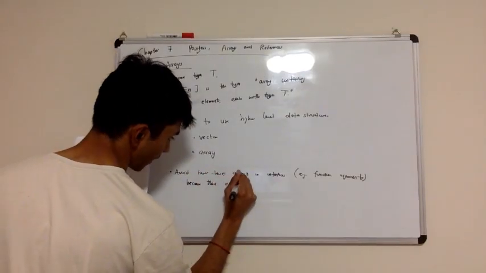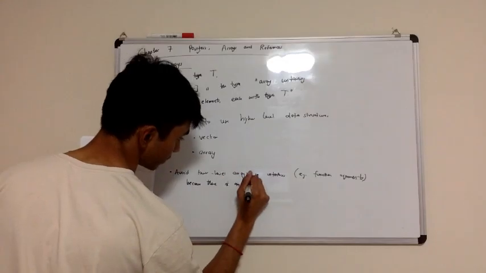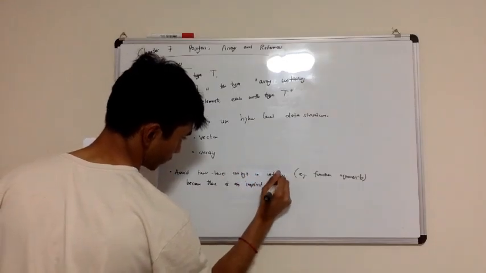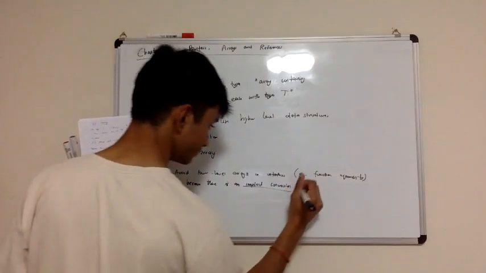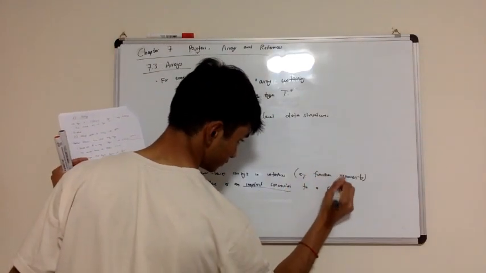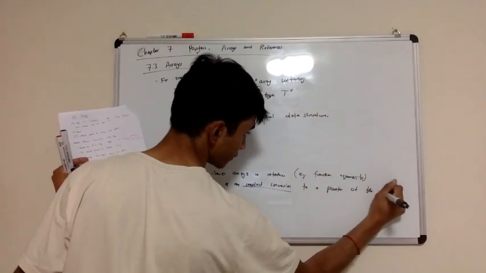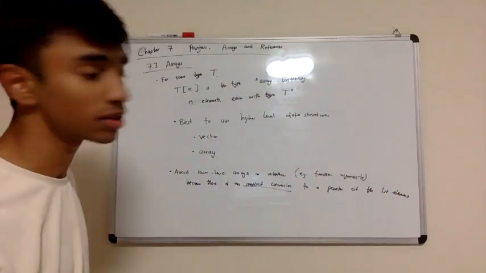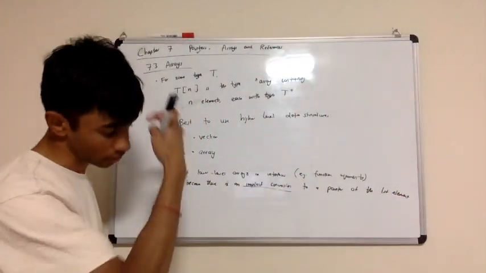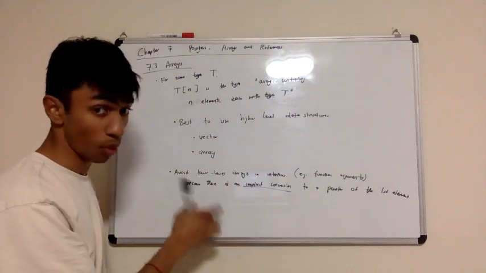there is an implicit conversion to a pointer of the first element. We talked about when we're doing that free store allocation, that heap allocation, with the new keyword, it actually returns the pointer to the first element.